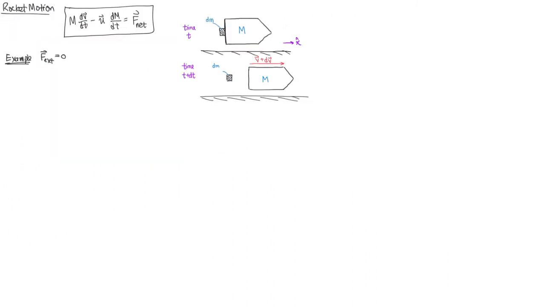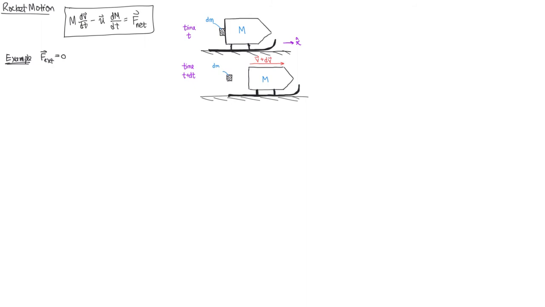So let's now consider the special case of the rocket equation where there's no net external force. So in that case, we can imagine, say, horizontal velocity, so we don't have to worry about the gravitational force. And if you'd like, you can put our little rocket on a sled. So give it some skis. So the normal force from the ground is going to balance the gravitational force. So we could call this a rocket sled. And as this rocket expels fuel to the left, the rocket gets propelled to the right.